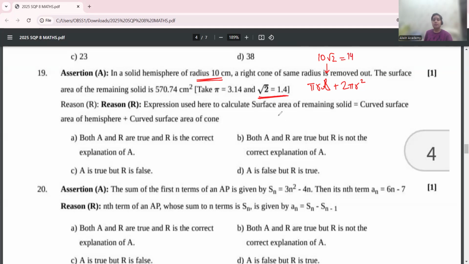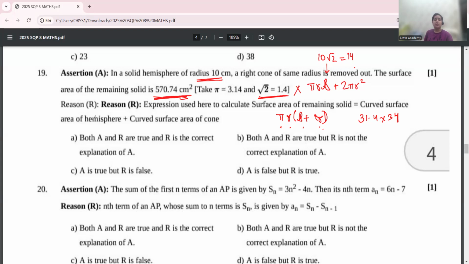Now I take pi r common here, and inside we have L plus 2r. Pi is 3.14, 3.14 times radius, that's 10, so it becomes 31.4 into L, which is 14, plus 2 times r, so 2 times 10, 14 plus 20, 34. 31.4 into 34, and we are given this is 570.74 centimeter, which is false.